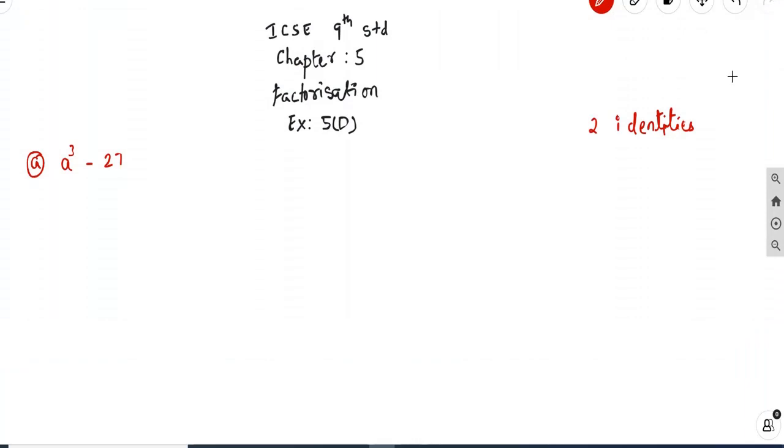This exercise is mainly based on two identities. The first one: a cube plus b cube is equal to a plus b into a square minus ab plus b square.